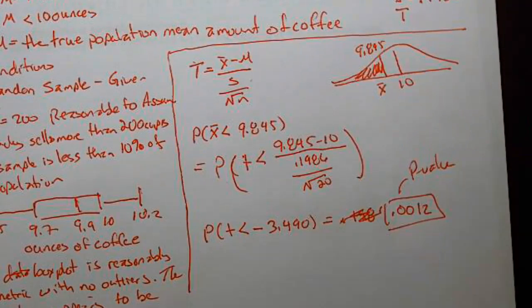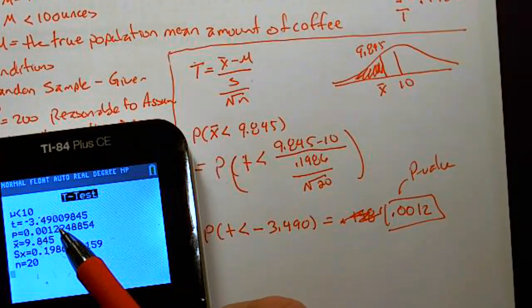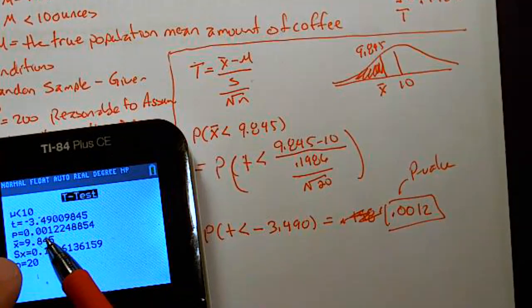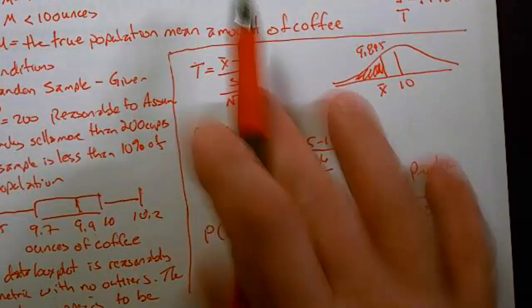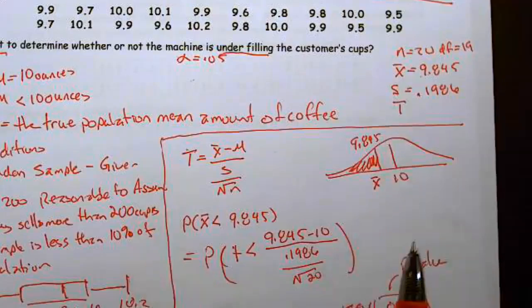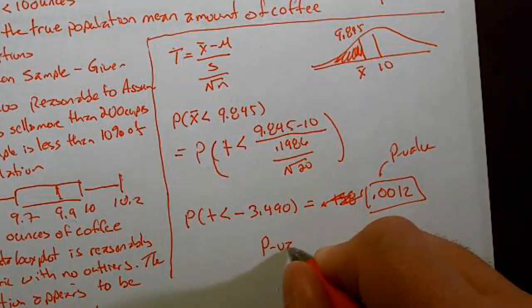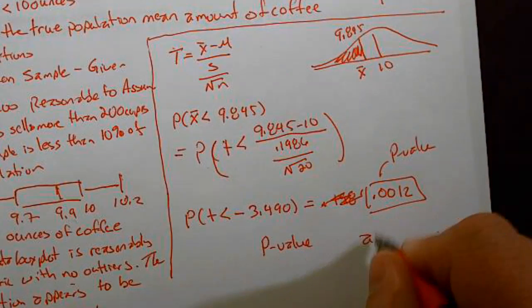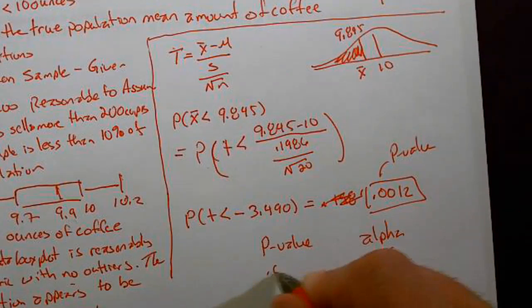I'll put that back up on the screen so you can see where I got that from. So here's my negative 3.49 for my t statistic, and that probability of getting a t statistic like that is 0.0012, and that's my p-value. So they didn't give me an alpha. We said we'd use an alpha of 0.05, and so we have the p-value and we have alpha, 0.0012.